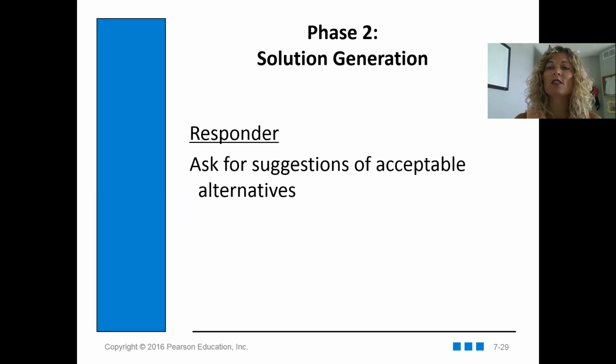As the responder, if someone comes to you and brings this conflict to your attention, don't feel like you have to be the one that resolves it just because they're telling you that you have this issue. And so, ask for suggestions. What are you thinking? What do you think would work, or what do you think would be better?